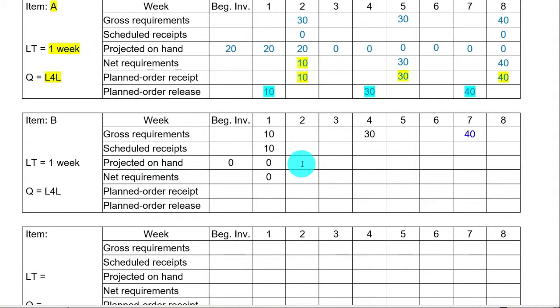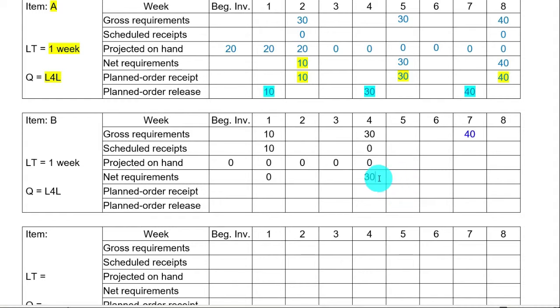And in week 2 and 3, on hand is 0 because you don't have any, right? Week 4, gross requirements is 30. So 30 minus 0 on order minus 0 on hand. So net requirements is 30.